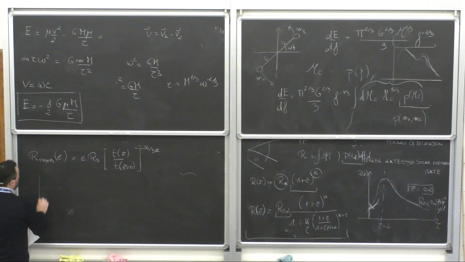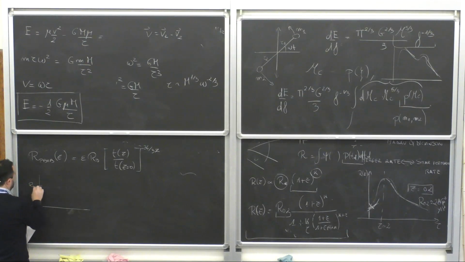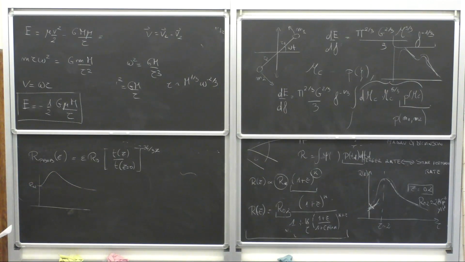So if you just want a comparison, while we have seen that these are 0.2, a distribution like this, where here you have 10 to the 1, 10 to the 0, 10 to the minus 1, and 10 to the minus 2.